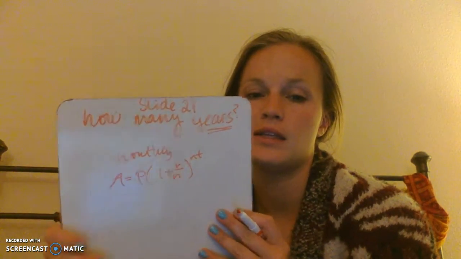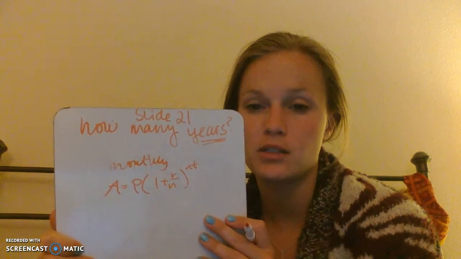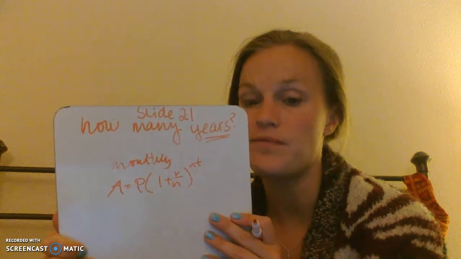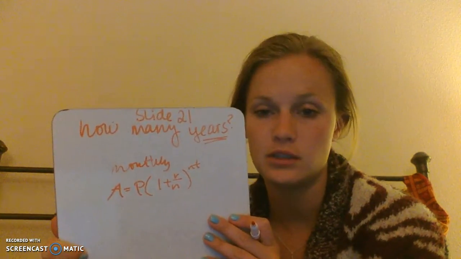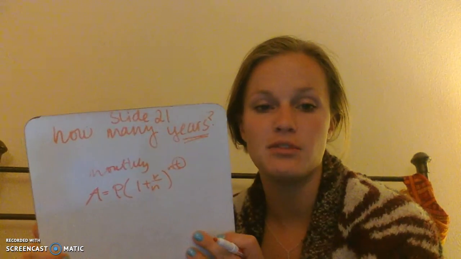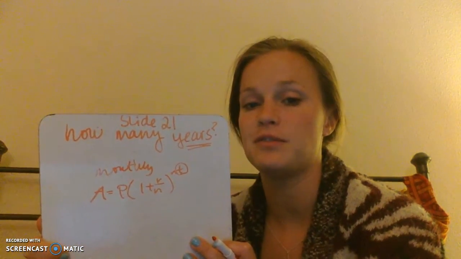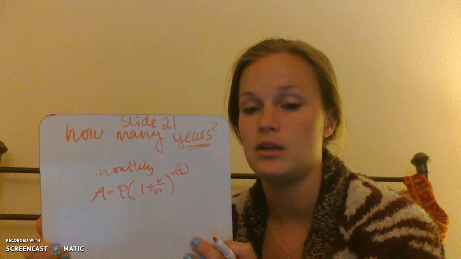And since the question word in here is how many years, we would answer that in like 4 years, 5 years, 20 years, 18 years, 47 years, something like that. So that means that t is going to be our variable. That's what we're solving for. We should have enough information everywhere else to plug in.